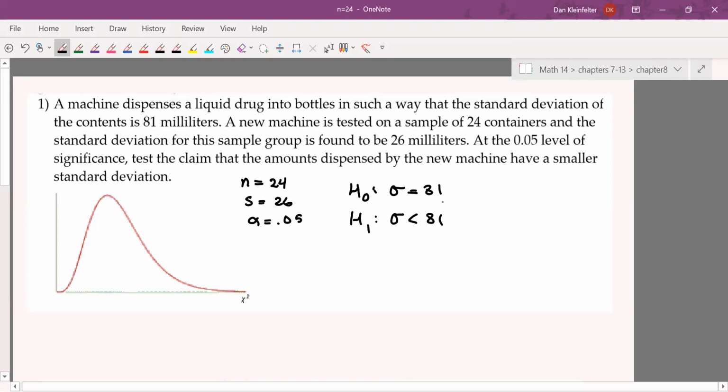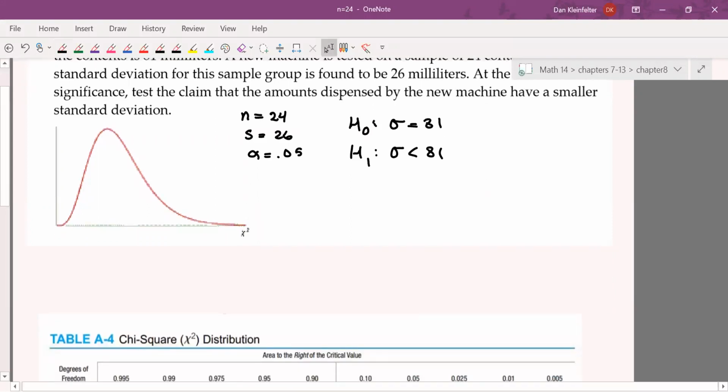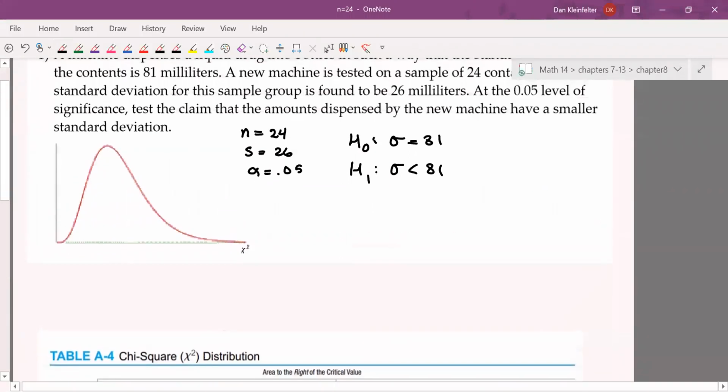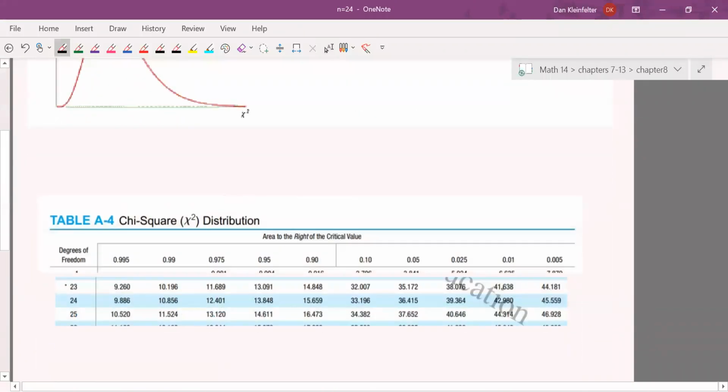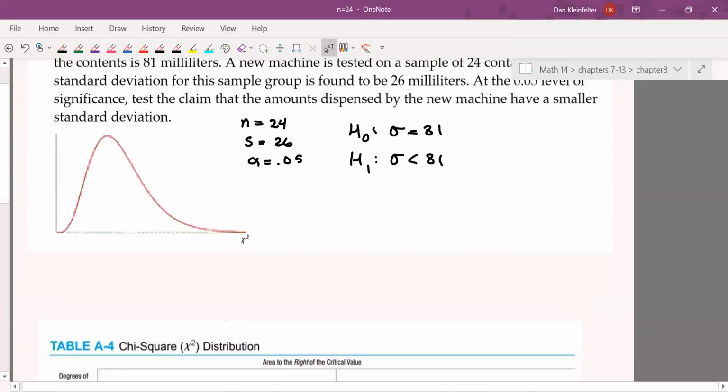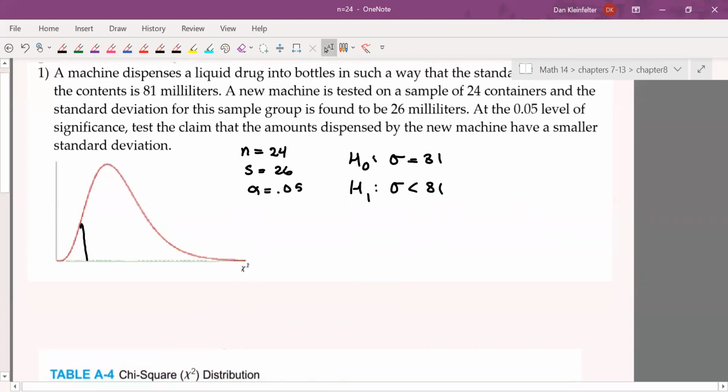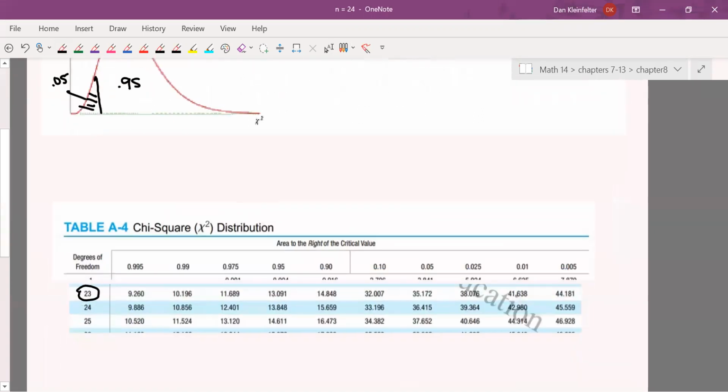Then let's get the critical value next. Our n was 24, so our degrees of freedom is 23. Once again, we have a left-tailed test. The level of significance was 0.05. The area to the right will be 0.95.